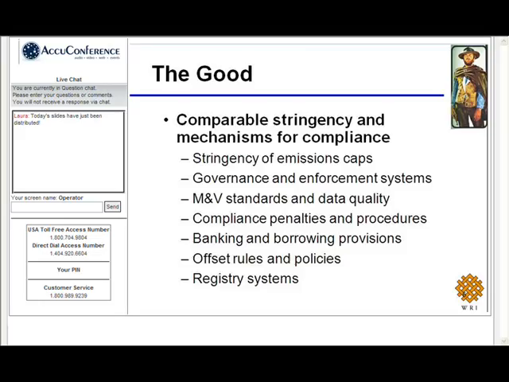Next item on the list, governments and enforcement systems. I think a fundamental criterion if you're looking at linking to another cap-and-trade program is whether the target system has effective governance and enforcement systems.